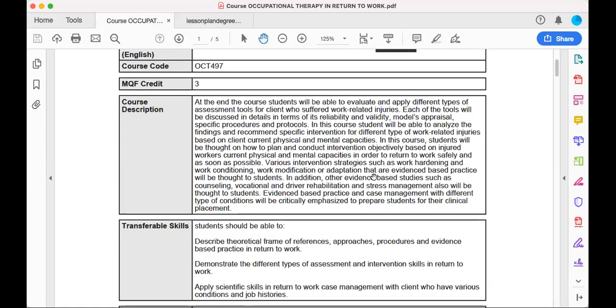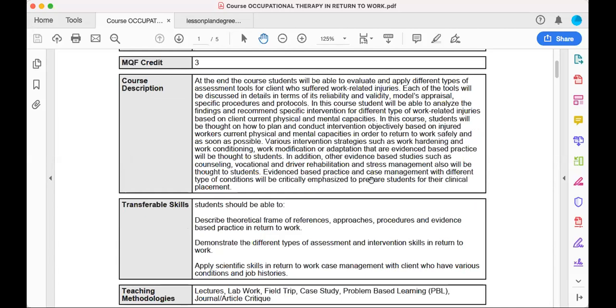So in this course, students will be taught how to plan and conduct intervention objectively based on injured workers' current physical and mental capacities in order to return to work safely and as soon as possible. Various intervention strategies such as work hardening and work conditioning, work modification or adaptation that are evidence-based practice will be taught to students.